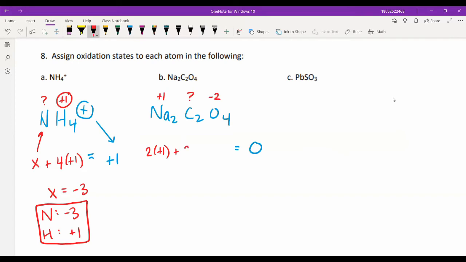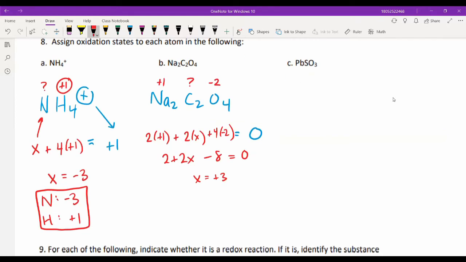So now we have 2 times X for carbon and 4 times -2 for oxygen. We can easily figure this out using some algebra. 2X has to be 6, so X is 3. So we'd say sodium +1, carbon +3, oxygen -2.